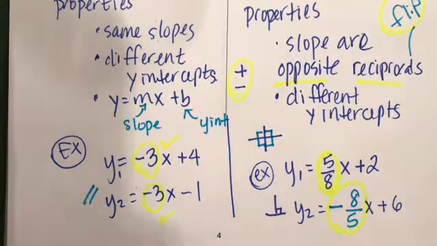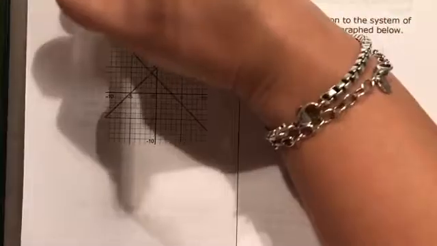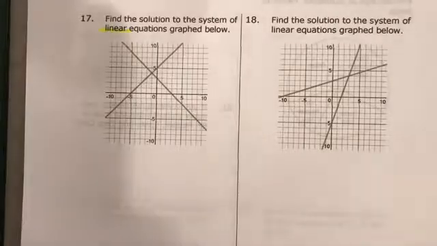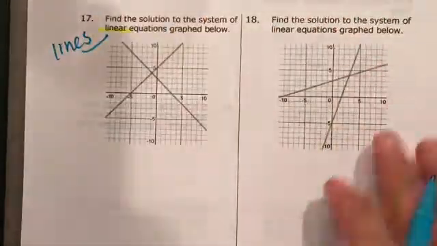That's basically it. Number 17, find the solution to the system of linear equations graphed below. So linear means line. So these are lines. And then we want to find the solution.